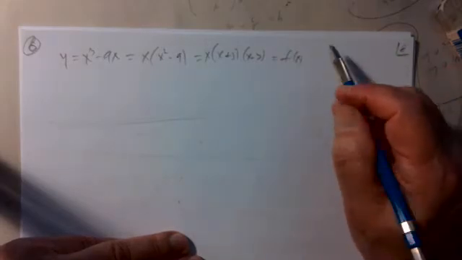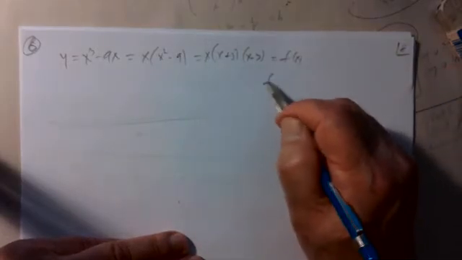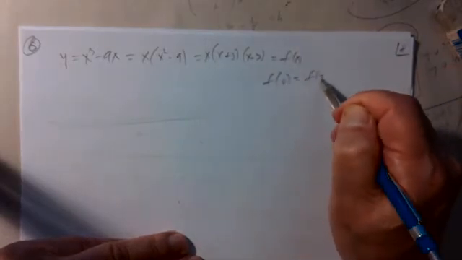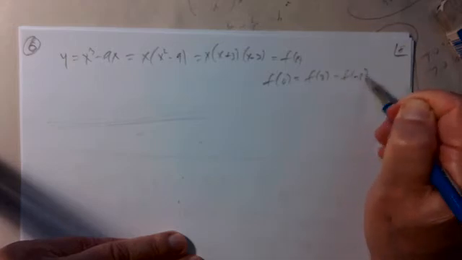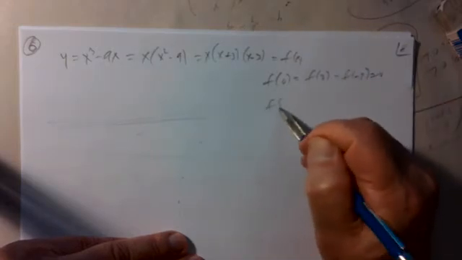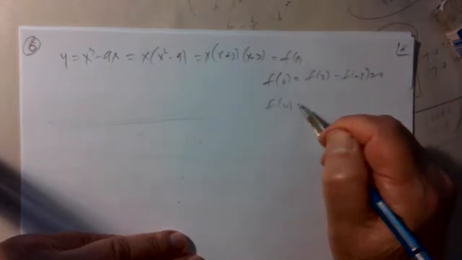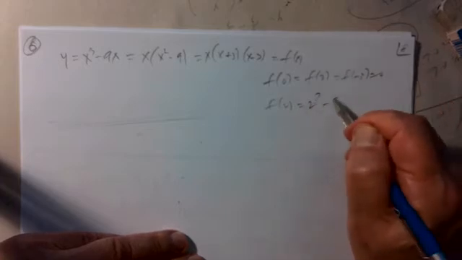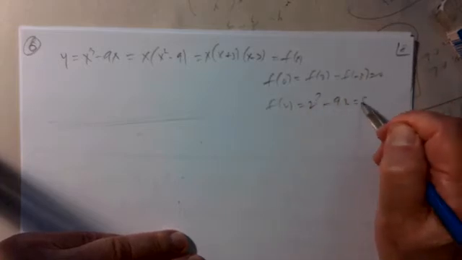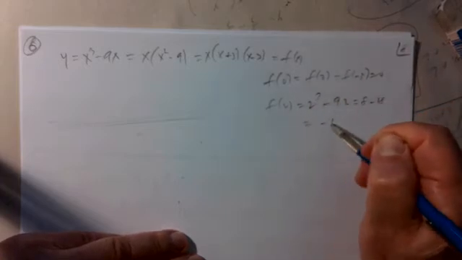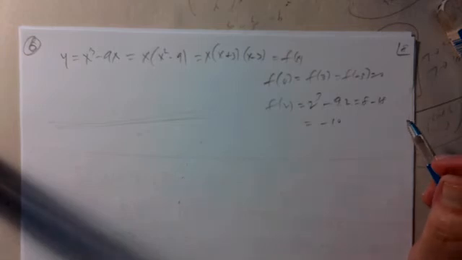It's nice to know what is the value. So according to this, f of 0, f of 3, and f of minus 3 are 0. And f at 2 is 2 cubed minus 9 times 2. That's 8 minus 18 is minus 10.